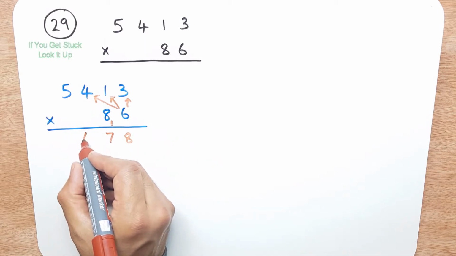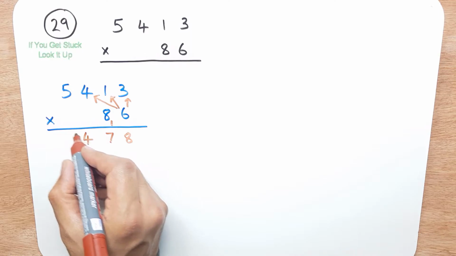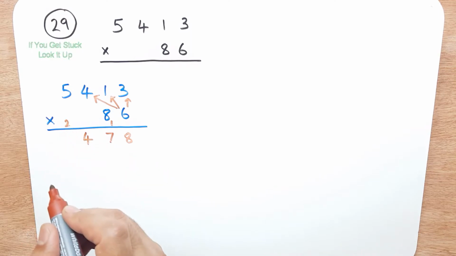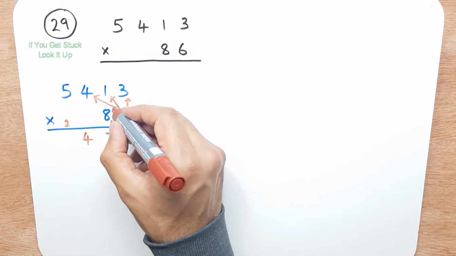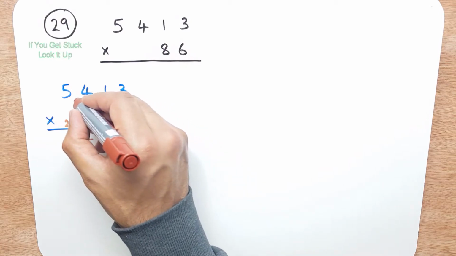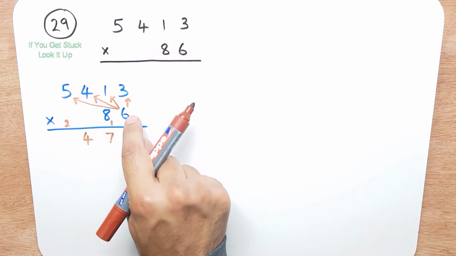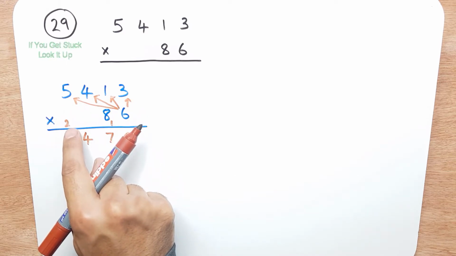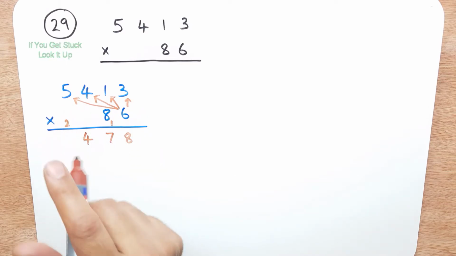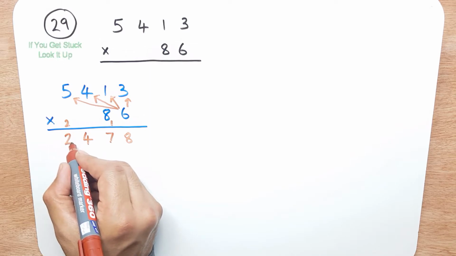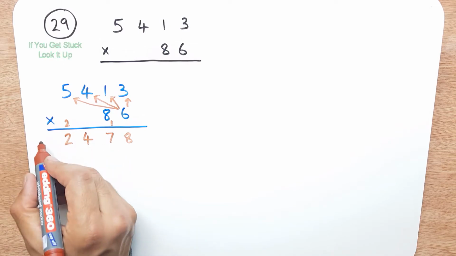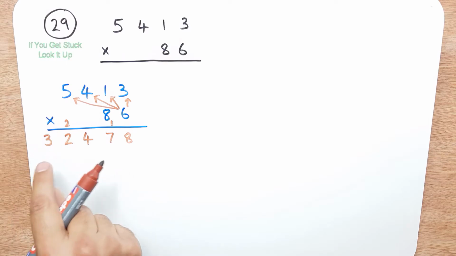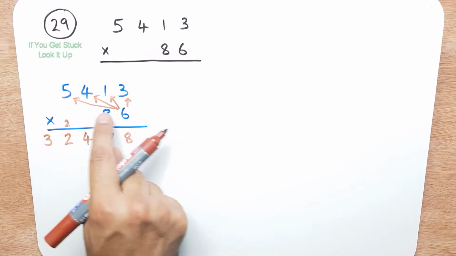So I put the 4 down and I carry the 2 over to the next column. And then I do 6 times 5. And I know 6 times 5 is 30. Plus the 2 I've carried over is 32. So I put the 2 down and I carry the 3 over and I can write it straight down in the next column because I've finished.